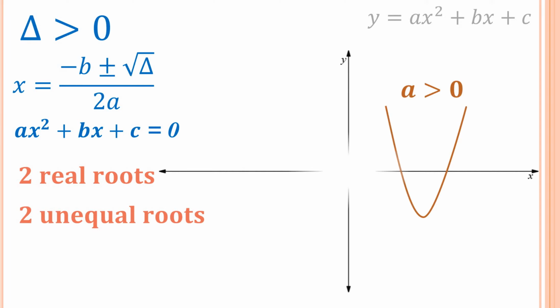The graph will look like this for a positive. You have two x-intercepts here, see? So we have two different roots, or two unequal roots. And when a is negative, the graph goes upside down. You have one solution here, another solution here. So we call it two unequal roots.